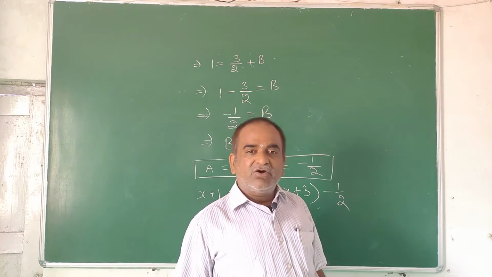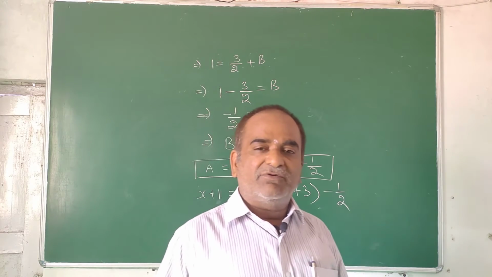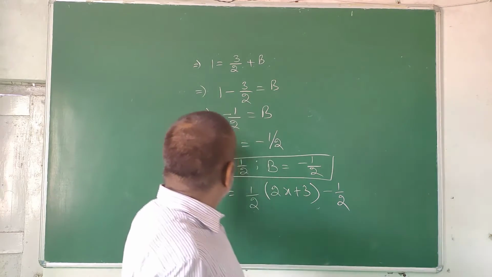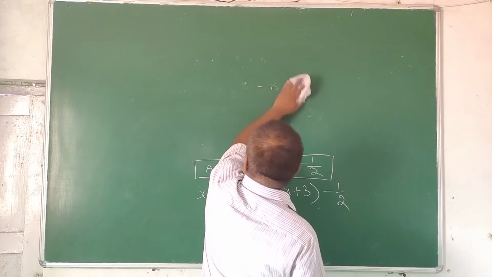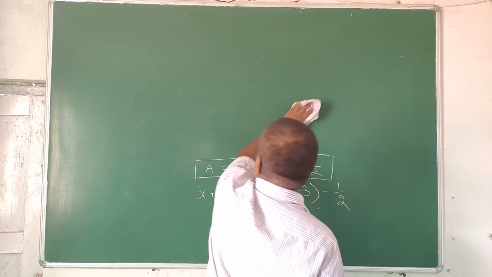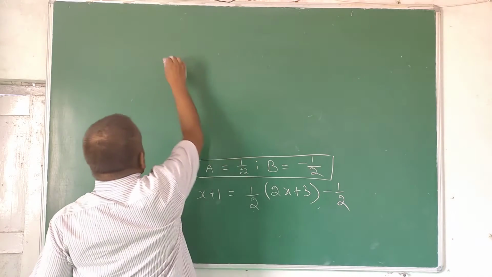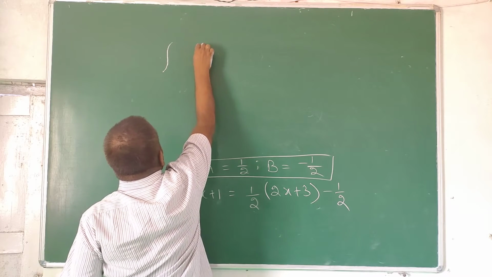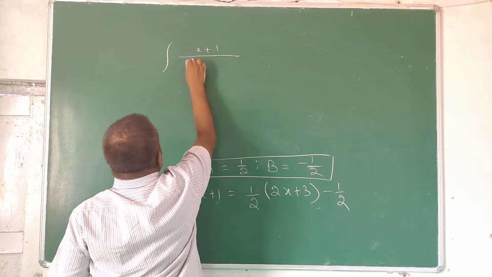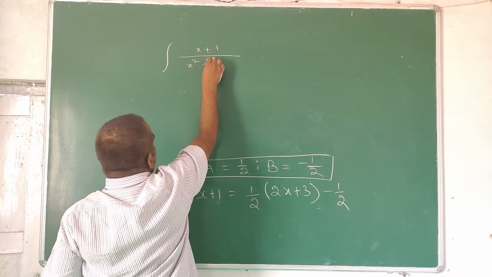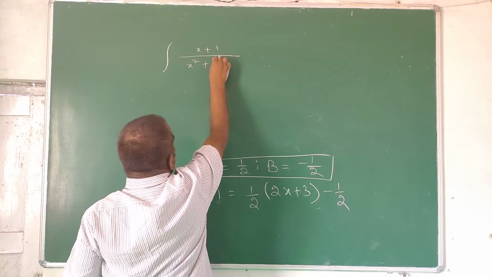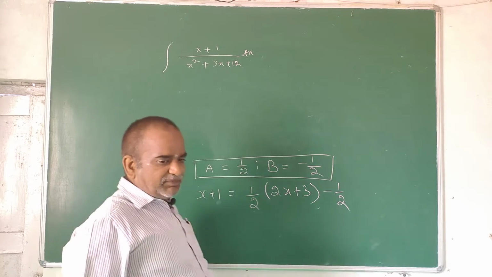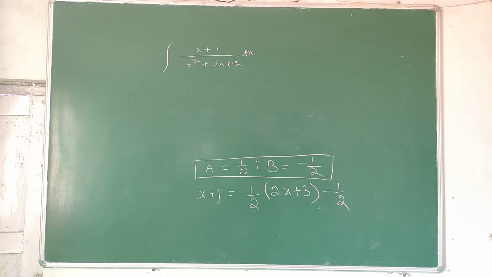Now let us go to the original integral which we have to evaluate. In that you replace x plus 1 with this equal value. So what is the original integral that we have to evaluate? Integral x plus 1 by x square plus 3x plus 12 dx. This only, no?